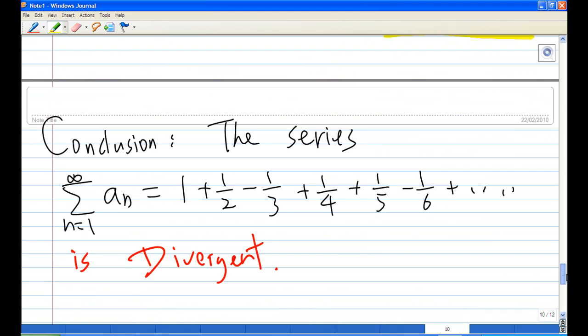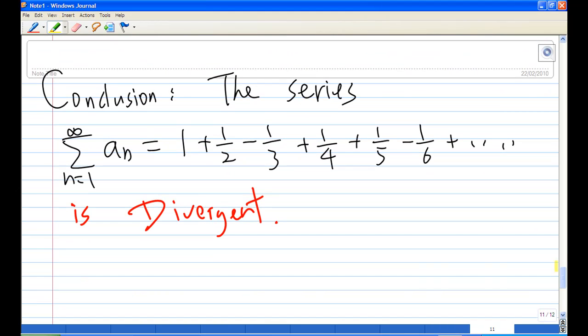That means the series 1 plus 1/2 minus 1/3 plus 1/4 plus 1/5 minus 1/6 and so on is a divergent series.